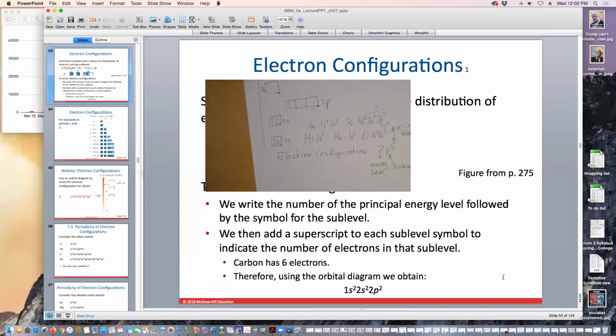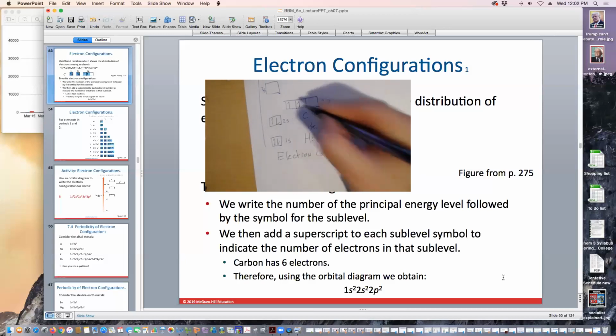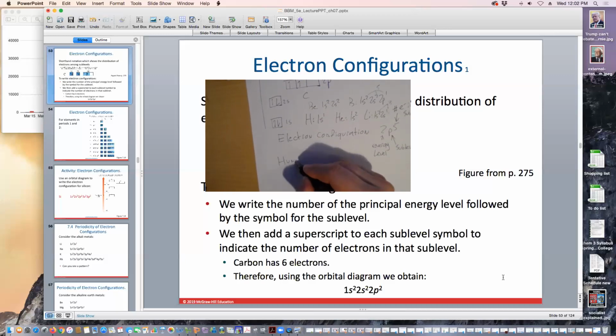Okay. So then we get to carbon, the 6th element, and now we start following Hund's rule. So again, Hund's rule says you fill singly first, right?